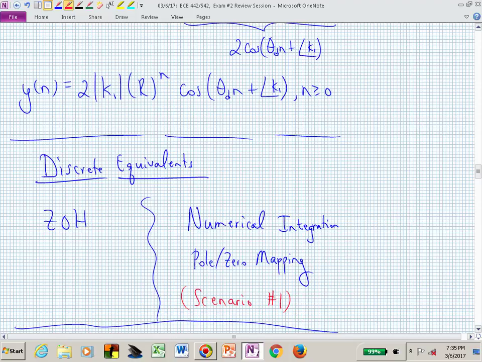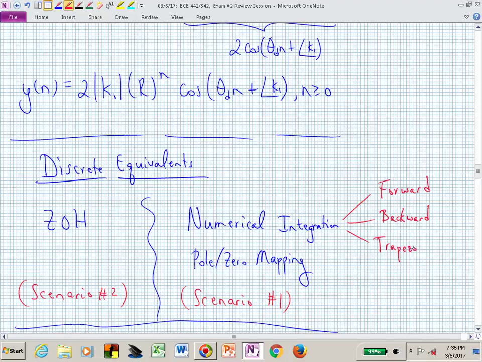In scenario number 2, that's where we did have a hold device preceding our system that we were trying to find a discrete equivalent for. And how many numerical integration approaches did we talk about? We had 3 different ones. We had a forward, we had a backward, and we had a trapezoid.